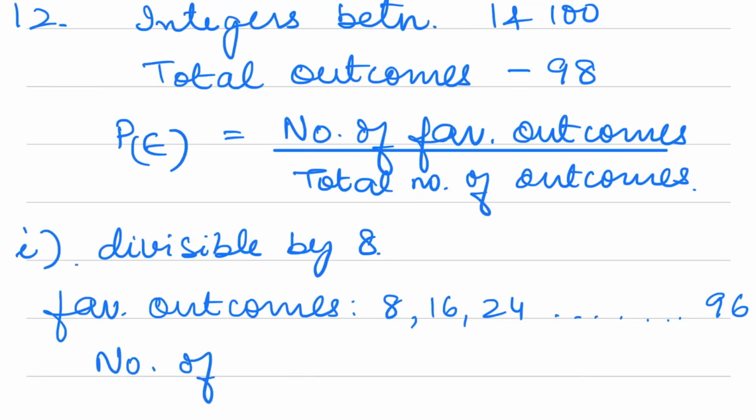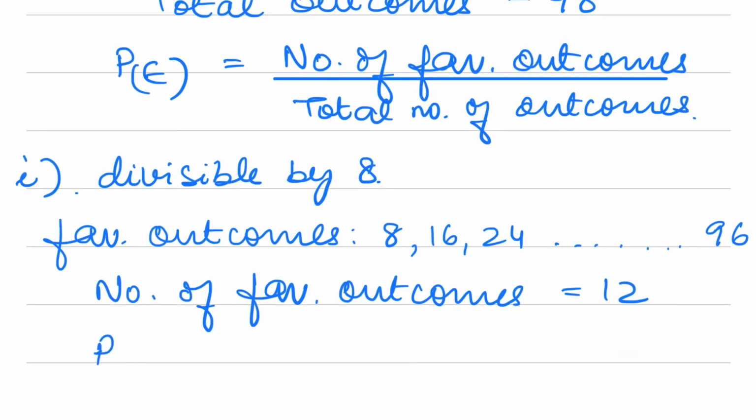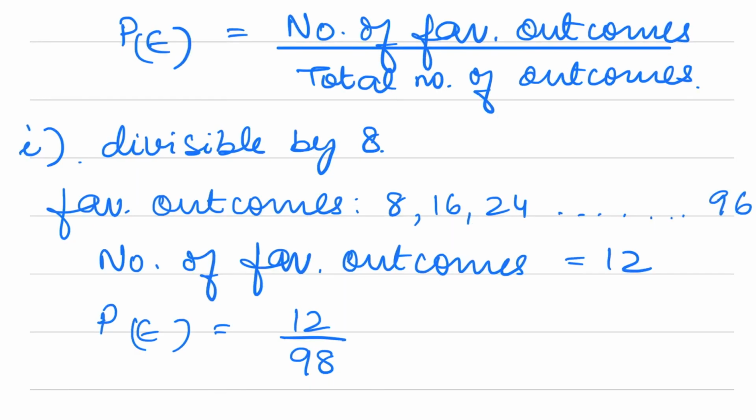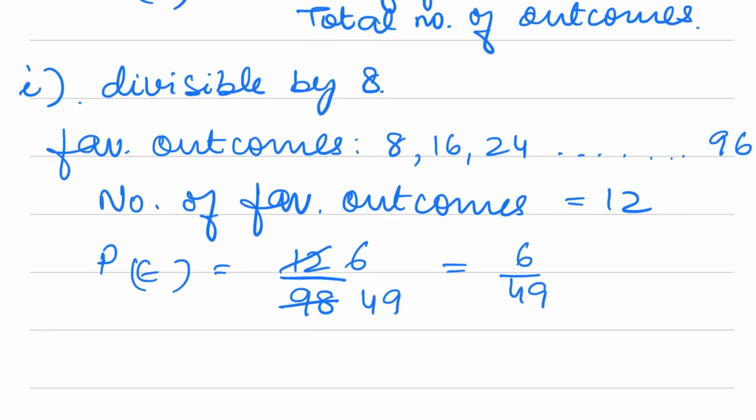Number of favorable outcomes are 12. So probability of this event would be equal to 12 and total outcomes are 98, and 2 6 times 2 49 times, so the answer is 6 by 49.